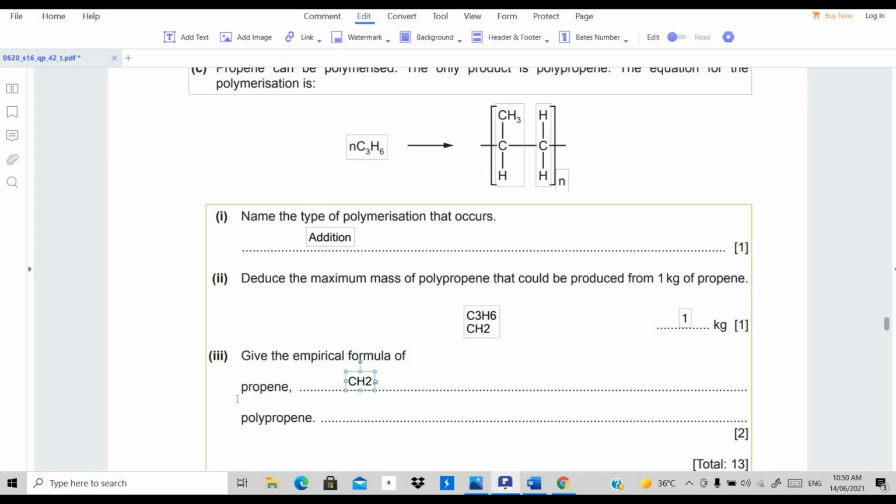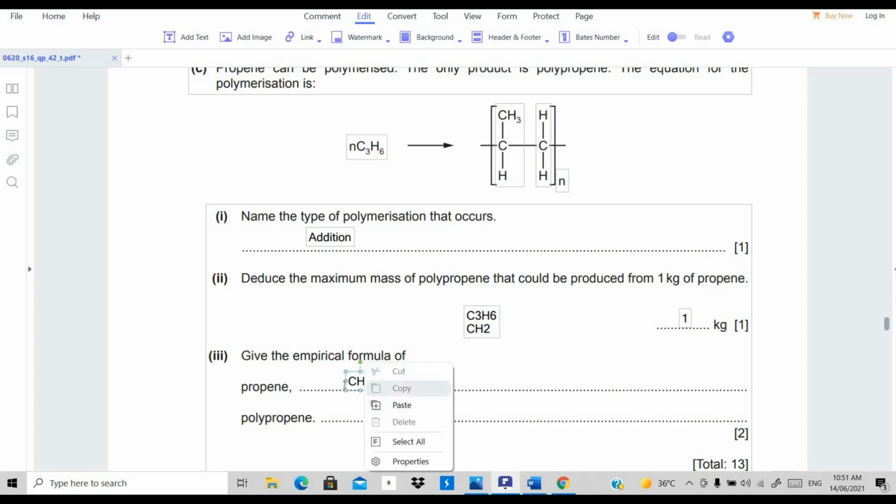Give the empirical formula of polypropene. This is a bit tricky, they're trying to confuse you in this question. You might be thinking, oh, I don't know what polypropene is. They have not given only the information about propene. Don't be confused. As I told you before, we're talking about addition polymerization. Its mass will stay the same before and after polymerization. This means it will have the same empirical formula.